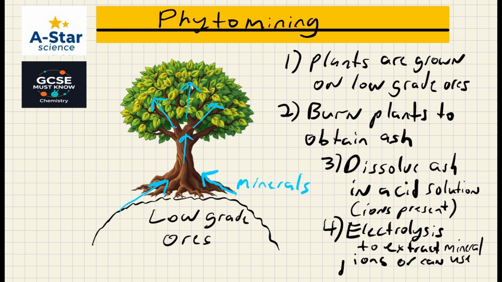So they can use a displacement reaction with a more reactive metal like scrap iron. Now, the reason they would use scrap iron is because scrap iron is much cheaper. So this is their method for how they would get the minerals out of that acid solution. But now let's look at the advantages and disadvantages of this particular process.